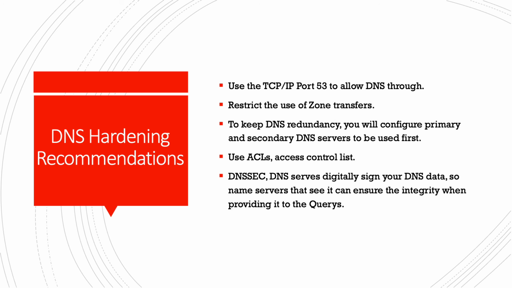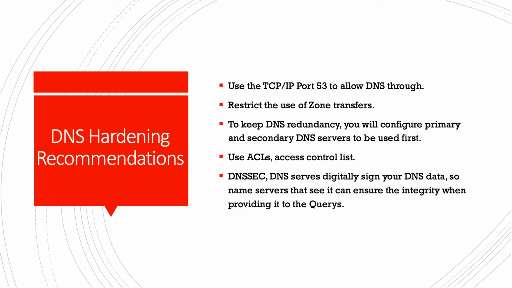Then we're going to talk about DNS hardening recommendations. You want to make sure there's the use of TCP/IP port 53 to allow DNS to be listened through. You want to restrict the use of zone transfers to prevent any unnecessary configuration of files that don't need to be within the zone. Also, you want to keep DNS redundancy low, so you will configure primary and secondary DNS servers that will be used first, so that it stays redundant.